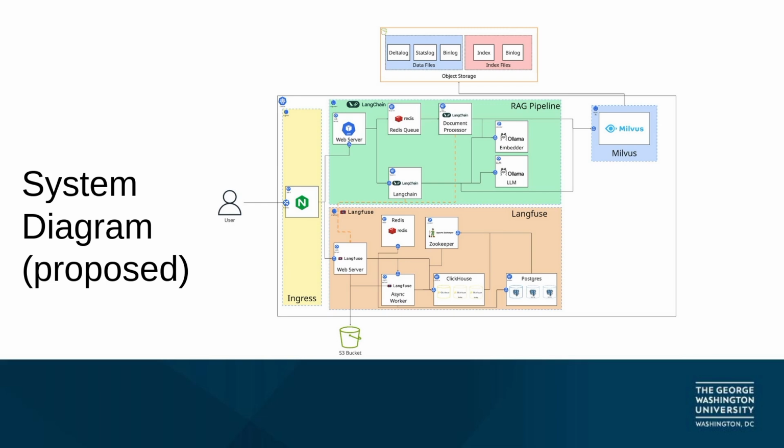If the user uploads a document that is to be processed, the web server uploads it to S3 and schedules a task in the Redis queue. The document processor is a continuously listening worker on the Redis queue, so it will automatically pick up the new task and try to chunk it, have it embedded from the embedder, and return it into Milvus.